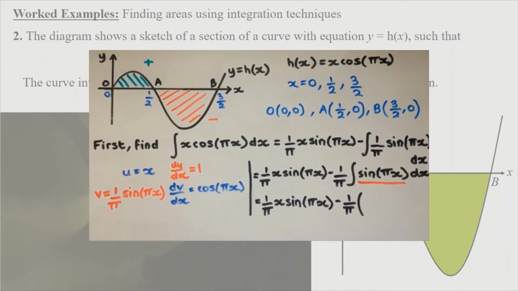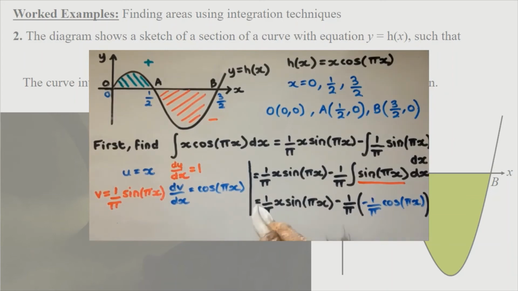I just want you to see it clearly. So that's going to be negative 1 over pi cos of pi x. Okay, and we'll close the brackets as well. There is a plus c, of course, but because we're using a definite integral, we don't need to include it.